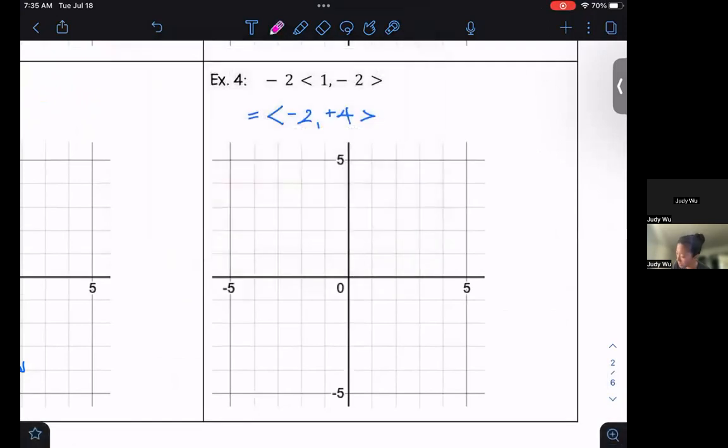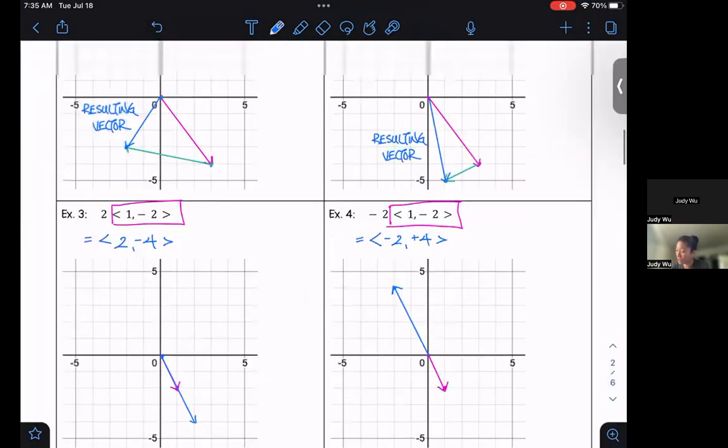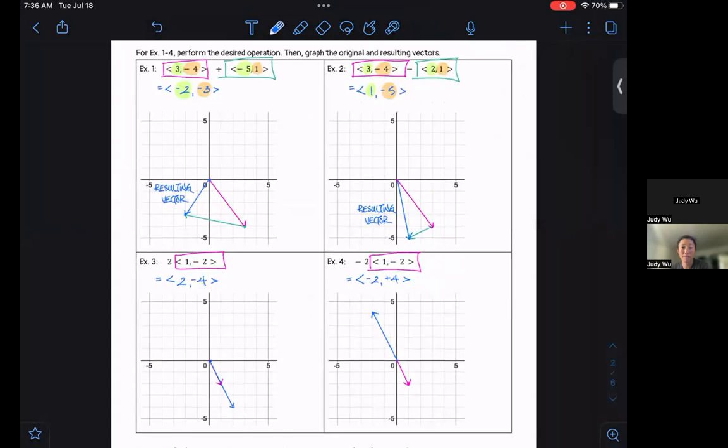And if I draw my original vector, 1, -2, okay, and I draw my resulting vector, -2, 4, okay, I see that the blue one is twice the length of the pink one, and the negative means I go in the opposite direction, just like I did with the subtraction example above, okay?